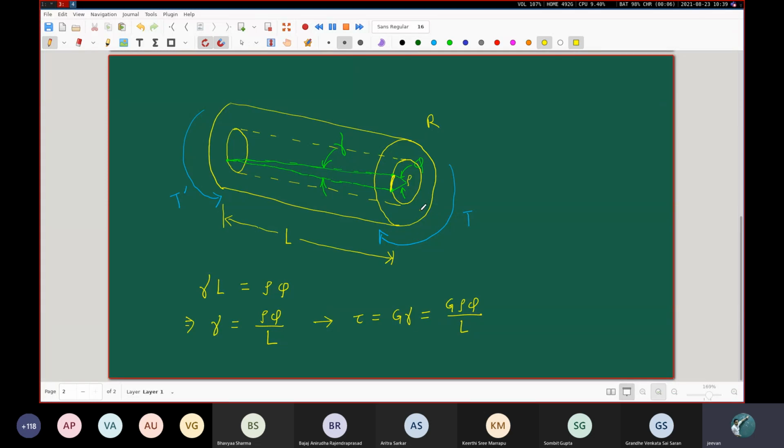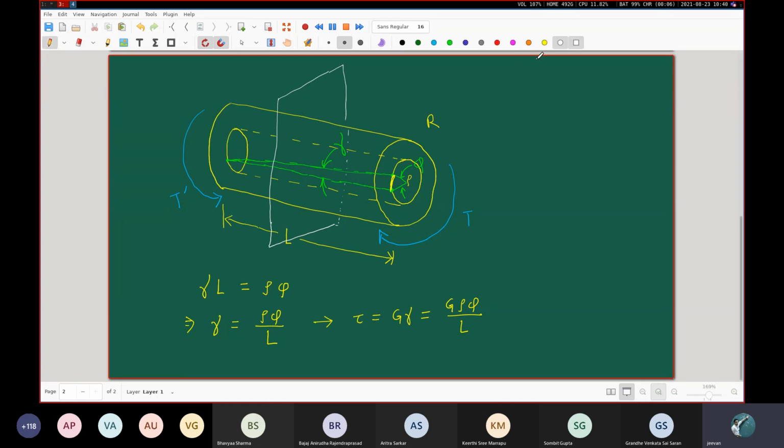What we'll do is we will take a cross section here, like this. Not the greatest of diagrams, but we have taken a cross section like this.